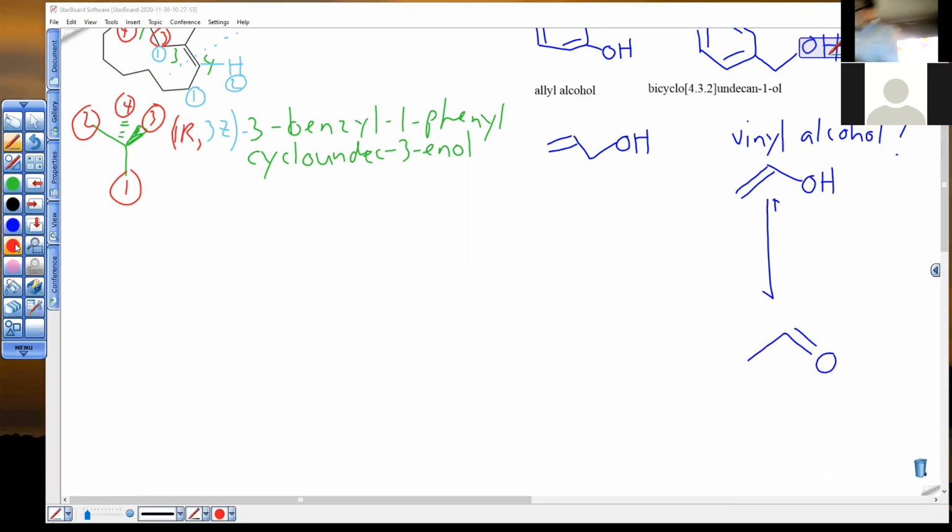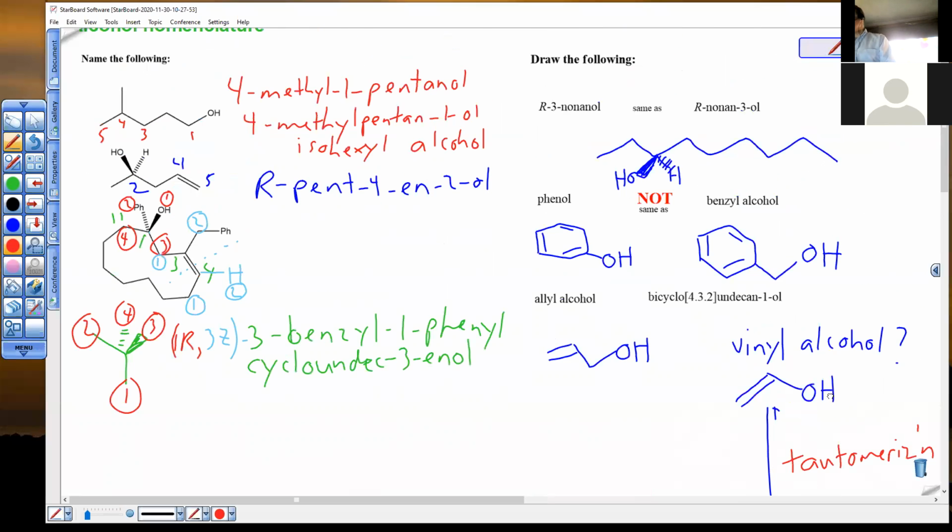It undergoes tautomerization to be exclusively the aldehyde. This has nothing to do with nomenclature, but this is vinyl alcohol. There's nothing wrong with the nomenclature of it. It doesn't really exist. It's acetaldehyde down here. Wait till chapter 16 for naming those.